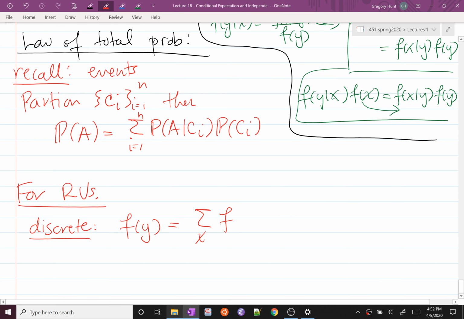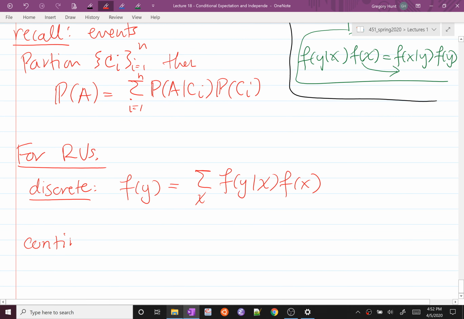And for continuous, if I want the marginal of y, I can instead integrate. It's the integral of f of y given x times f of x dx.